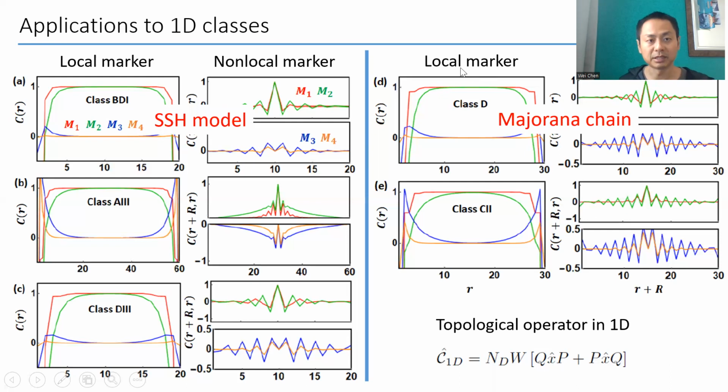In particular, I should emphasize that there are two classes that are of particular interest for researchers in this community, namely class BDI, which is realized by the so-called Su-Schrieffer-Heeger model, and also class D, where you have the so-called Majorana chain of Kitaev, a spinless p-wave superconductor.